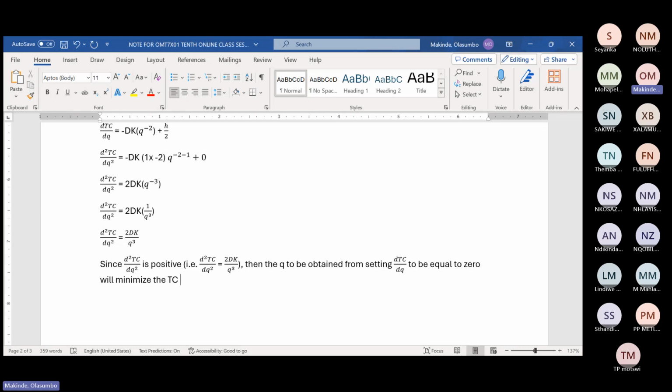And that's the essence of running the derivation twice. You go and see from the d squared TC over dQ squared whether it's positive. So if it's positive, then it will do that.